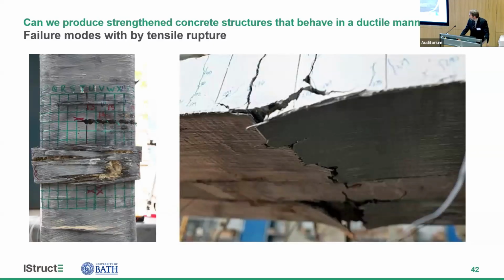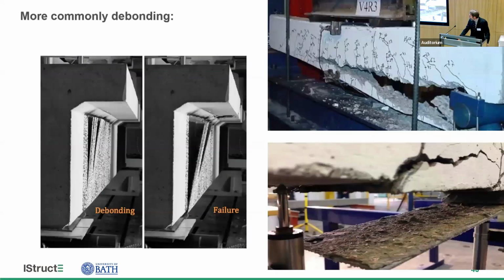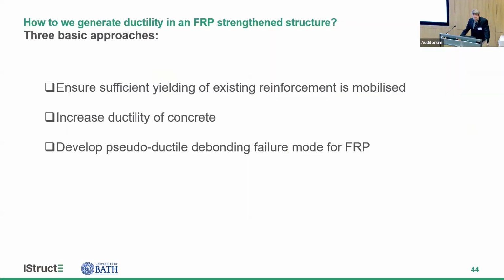Now, the FRP either fails by tensile rupture, which happens particularly in strengthening columns, but probably that's about it, generally speaking. But the more common failure mode is debonding of the FRP from the surface of the concrete or pulling off the concrete cover. Both of which are very brittle modes of failure.